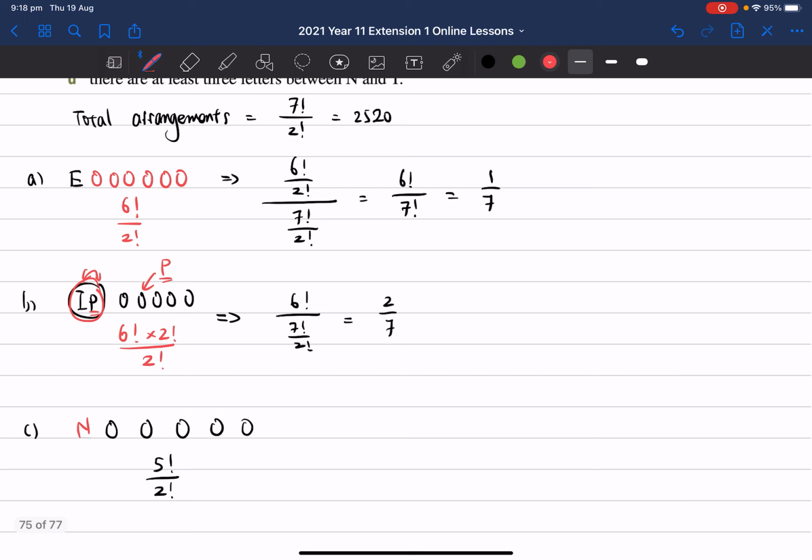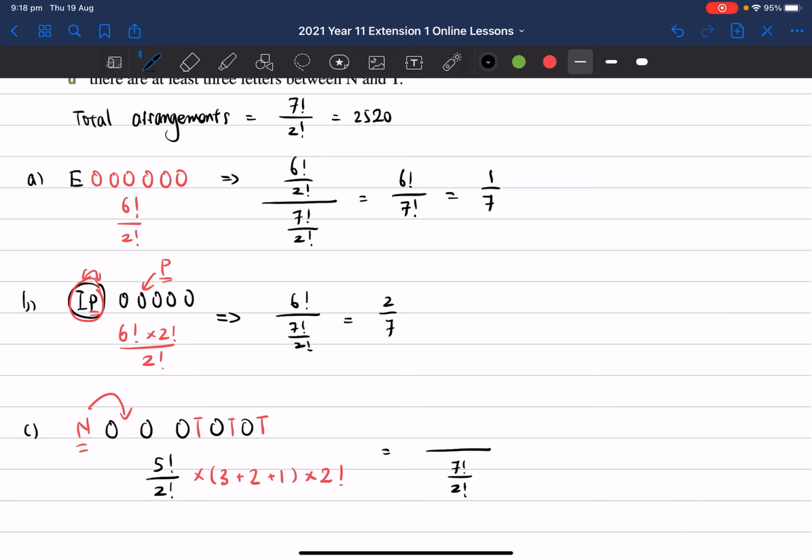If you place the N here, you will have 1, 2, 3 places to place the T. Then you can keep moving the N, then you have 2 places, then 1 place. And at the end, you have to times by 2 factorial because you can switch between N and T. So let me simplify this. If you cancel these 2 out, the denominator is still 7 factorial divided by 2 factorial, right?